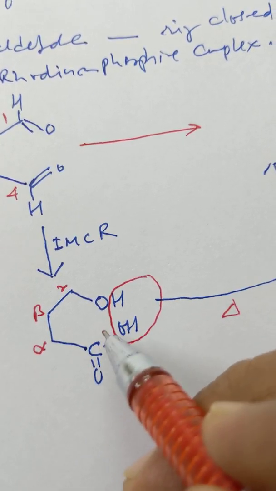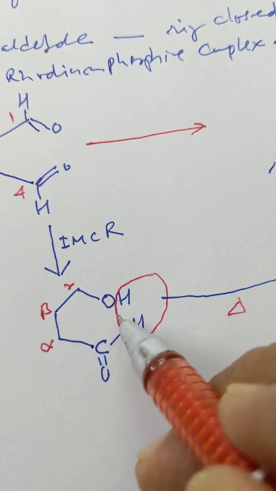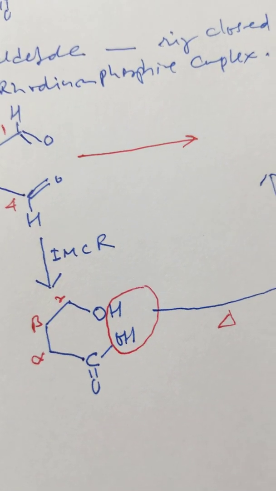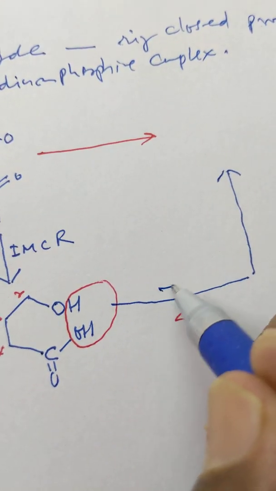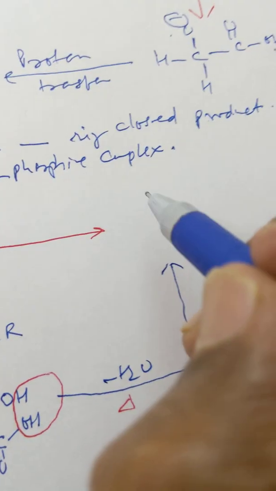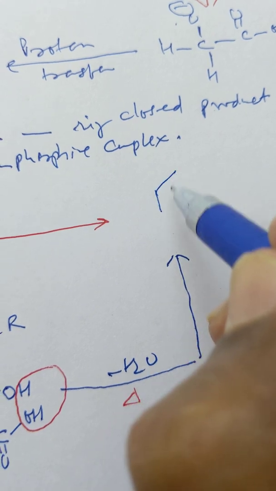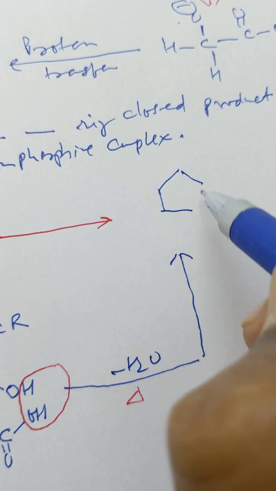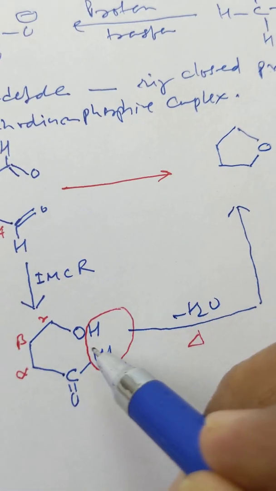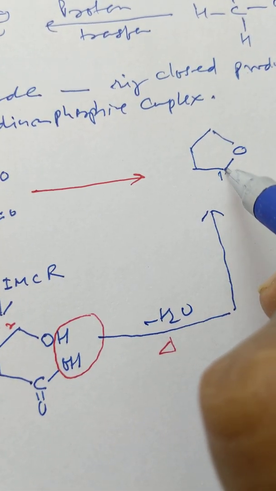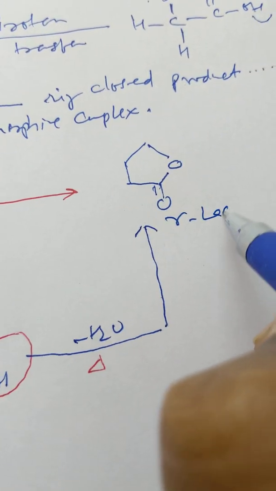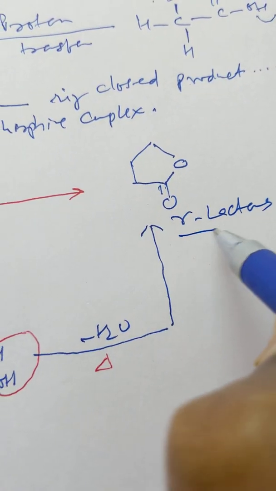That is, the product formed will be a lactone. A water molecule is eliminated from this gamma hydroxy acid, and the product formed will be this. Here it is oxygen. Such products are called gamma lactones. It is a very interesting example.